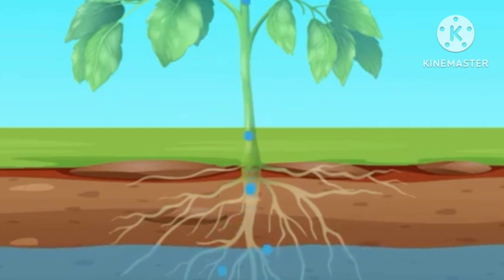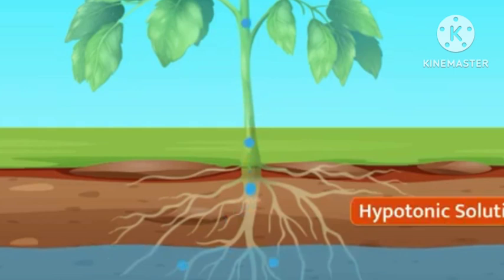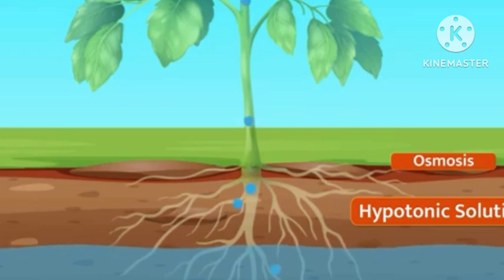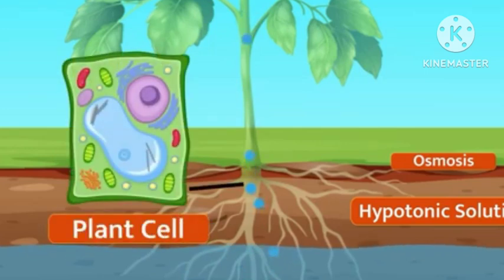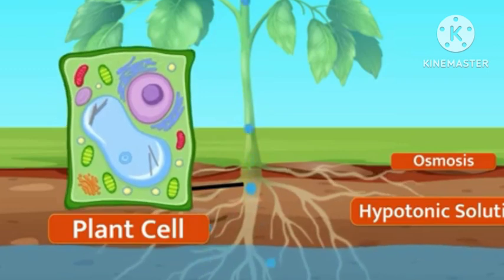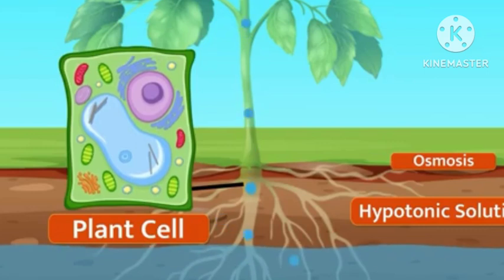Since the concentration of water in the plant is less than the concentration of water outside the plant, or we can say that the water we are pouring in is a hypotonic solution, whereas the water present in the plant cell is hypertonic. So water will flow from the hypotonic solution into the plant cell, and the plant cell will absorb water, swell and become turgid.